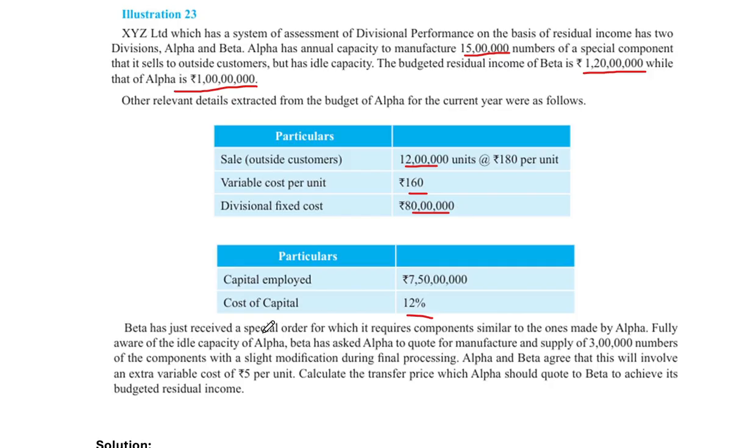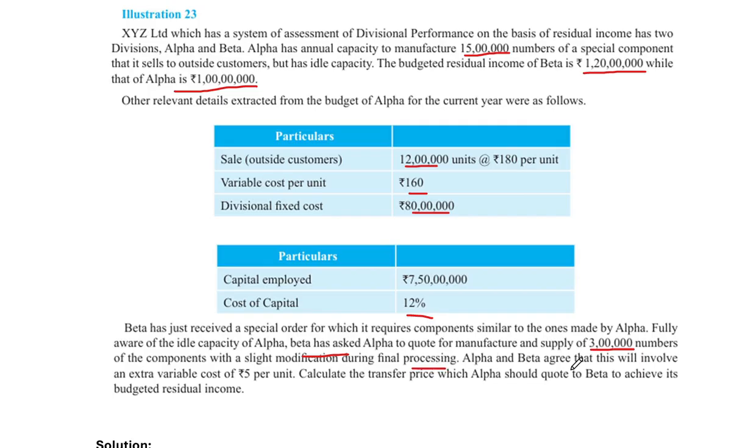Beta has just received a special order for which it requires components similar to the ones made by Alpha. Fully aware of the idle capacity of Alpha, because Alpha has 3 lakhs units of idle capacity, Beta has asked Alpha to quote for manufacture and supply of 3 lakhs components with a slight modification during the final processing.